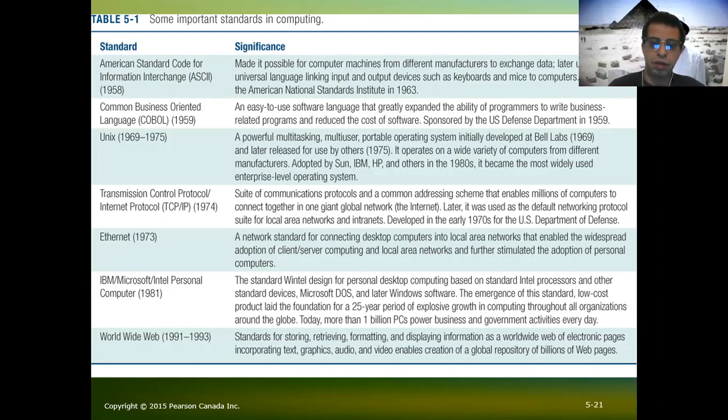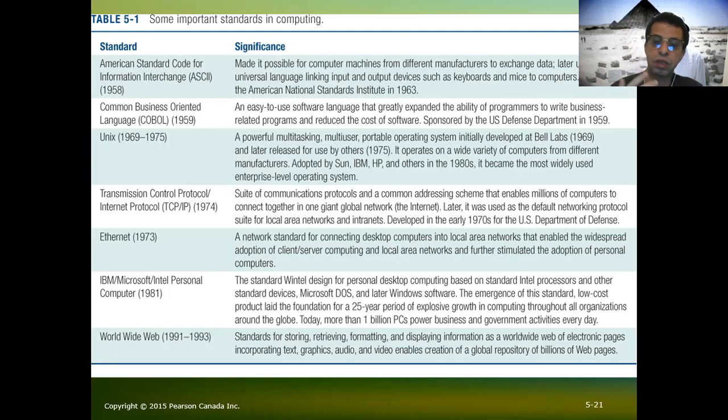Eventually, in 1970, IBM built the personal computer, but Microsoft had DOS, the operating system, which it gave to IBM and Intel personnel. The standard Intel design for personal desktop computing was based on the standard Intel processor and other standard devices.